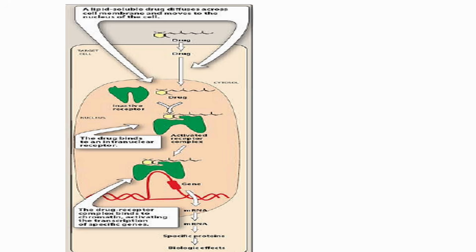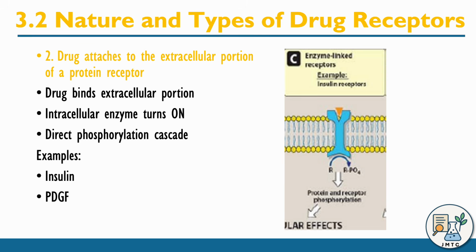The next transmembrane mechanism is when the drug attaches to the extracellular portion of a protein receptor. So, meron tayong protein receptor dito and then it will attach itself doon.